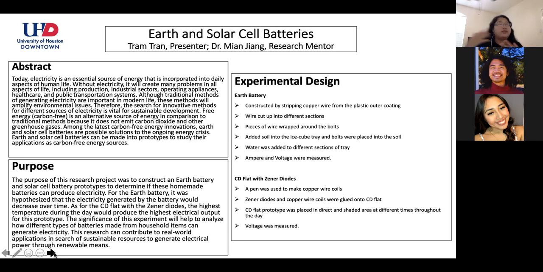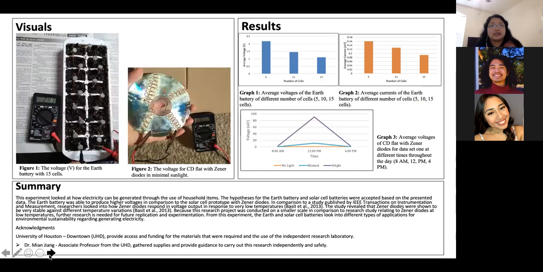With this in mind, this research looked into possible real-world applications to find other sustainable means to generate electricity. As you can see in these two figures, figure one shows how I constructed the Earth battery, where I took galvanized bolts and wrapped copper wire around them, then placed the bolts into the soil. The voltages and currents were measured for this battery.